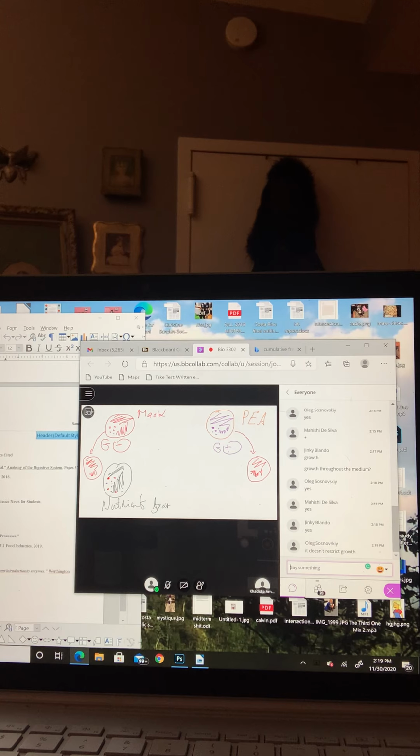Of course they are different, so we talked about how to differentiate based on the characteristics of the colony: the shape, size, color, texture, and pigmentation too.